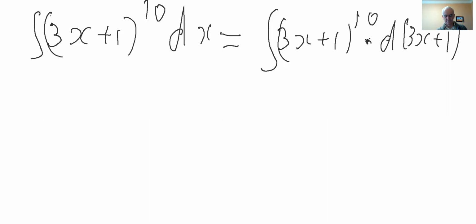Do we need to divide by 1/3? Yeah, 1/3 here as a coefficient. Yes, absolutely.